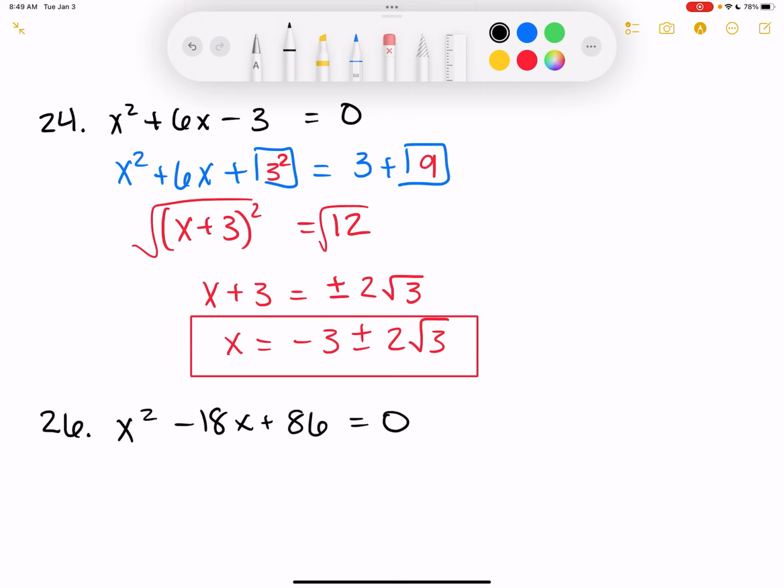All right, so again with this one, I need to move that C term over so that I can actually get something that completes the square. So I'm going to have x squared minus 18x plus box is equal to negative 86 plus box.